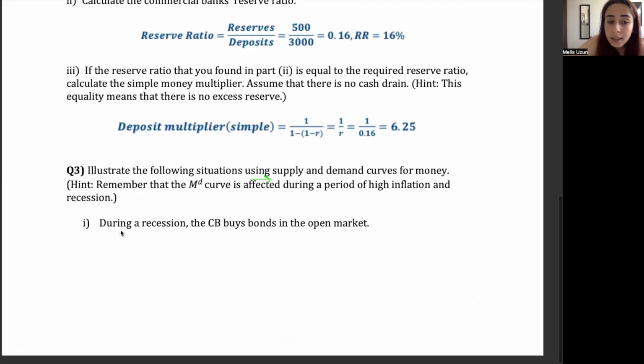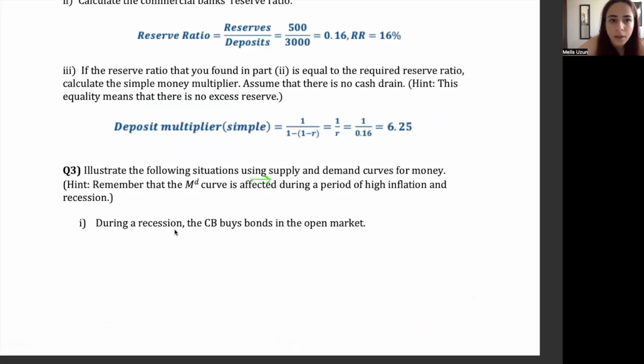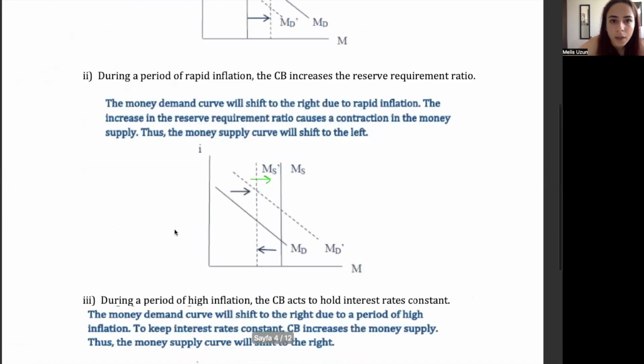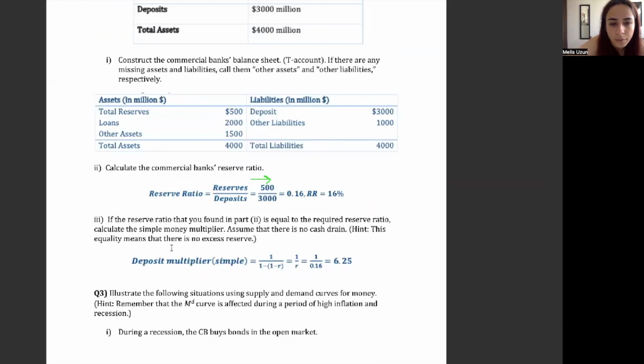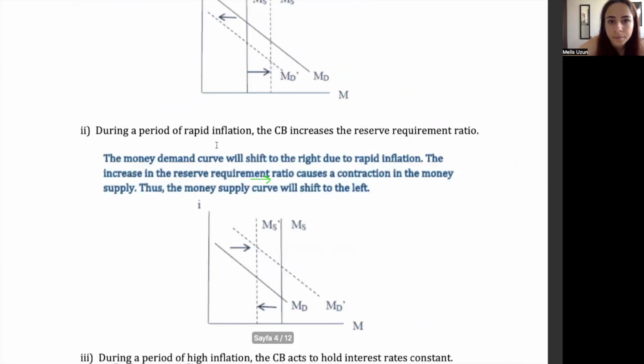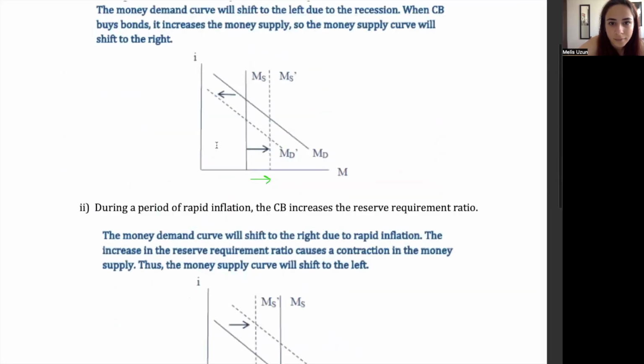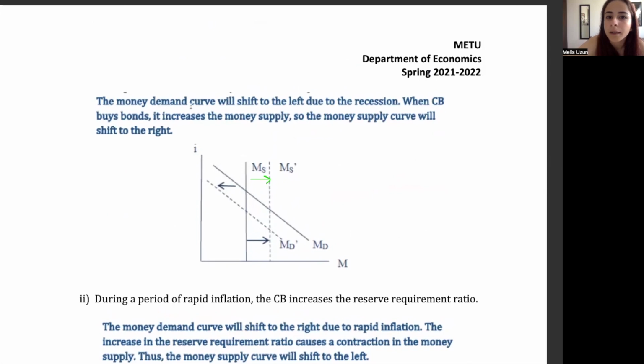It says there is a recession. So again, if there is a recession, the money demand curve will shift to the left. Our money demand curve shifts to the left.